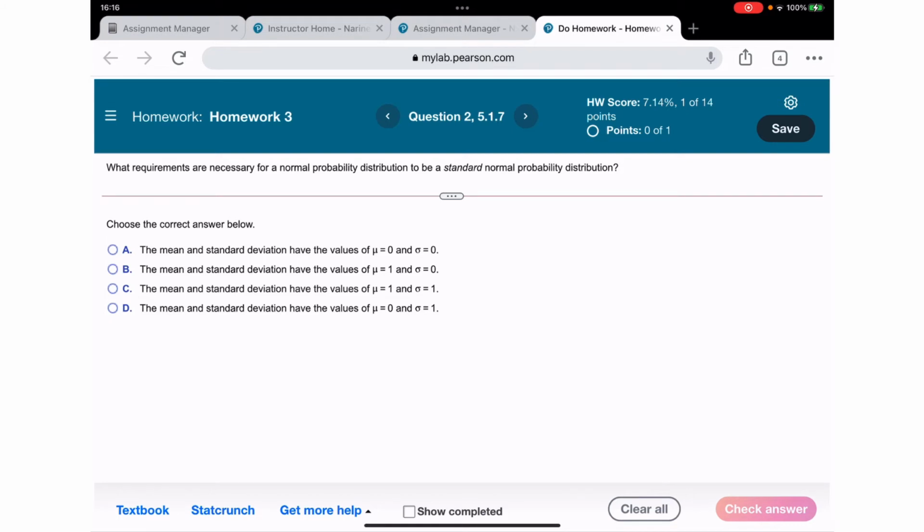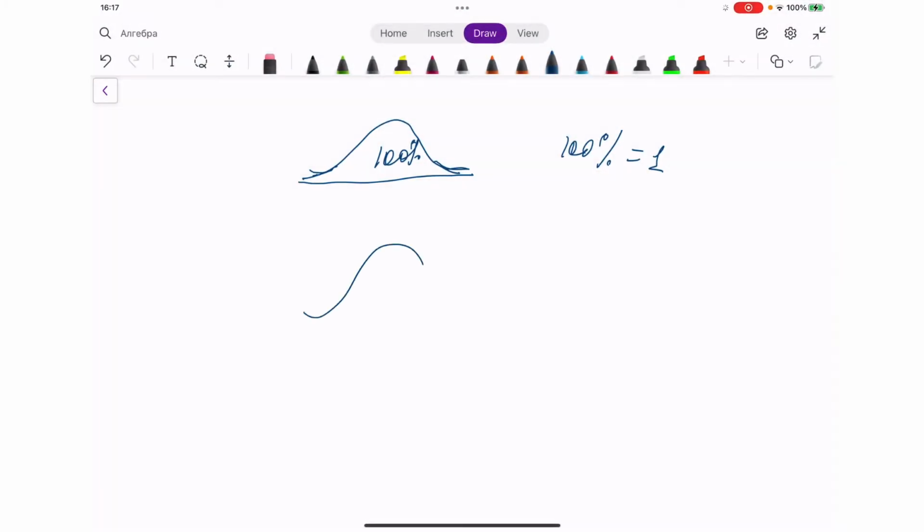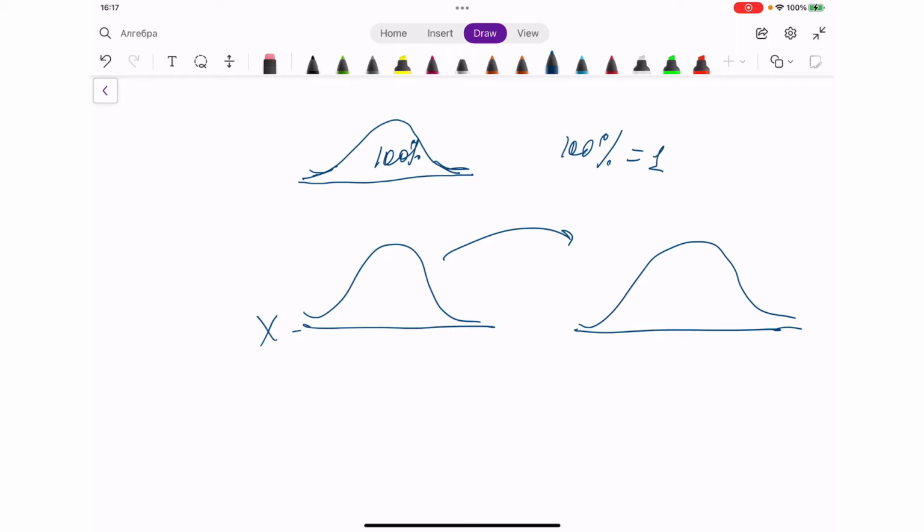The mean and standard deviation have to have values: mu is 0 and standard deviation is 1. When we are standardizing, this is the value of my x, whatever value it is, and I standardize and represent it by the z-score. You will listen to the lecture and you will know.